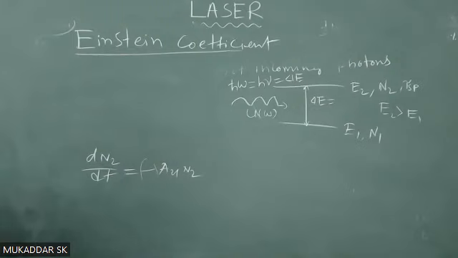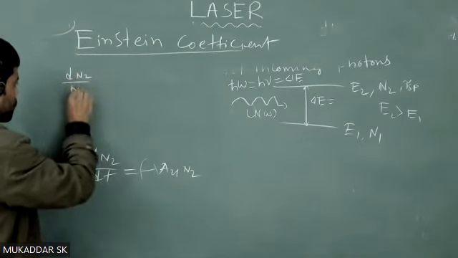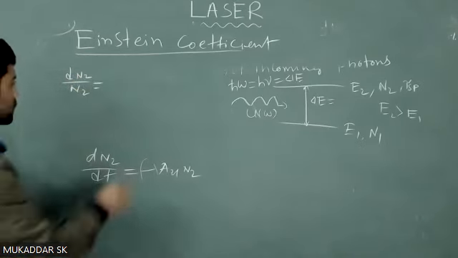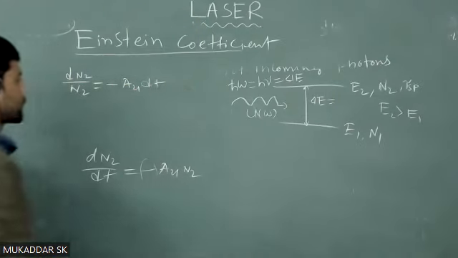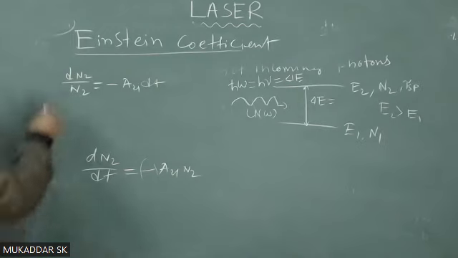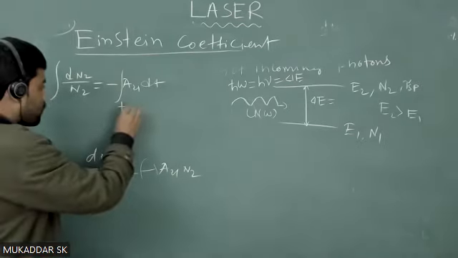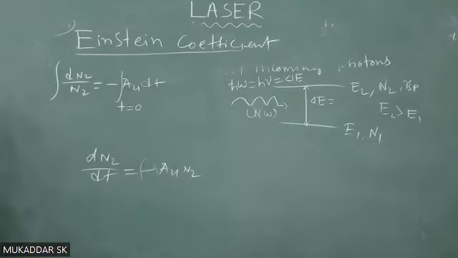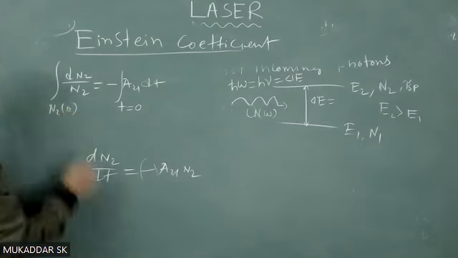Okay. Now from this equation, can I write it like this, that dN2 by N2 should be equal to how much, Punit? Minus A2 dt, right? Now if I integrate this, at time t equals 0, the population of E2 is N2(0).